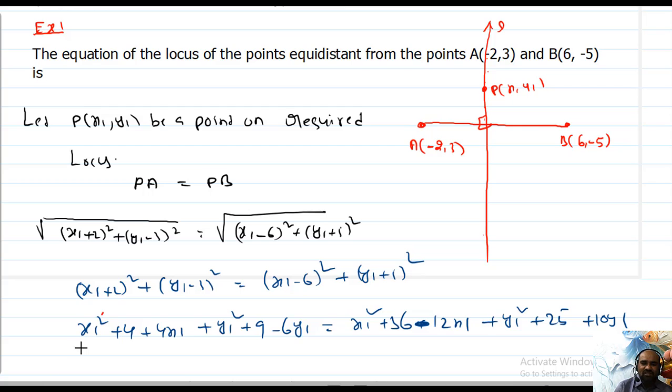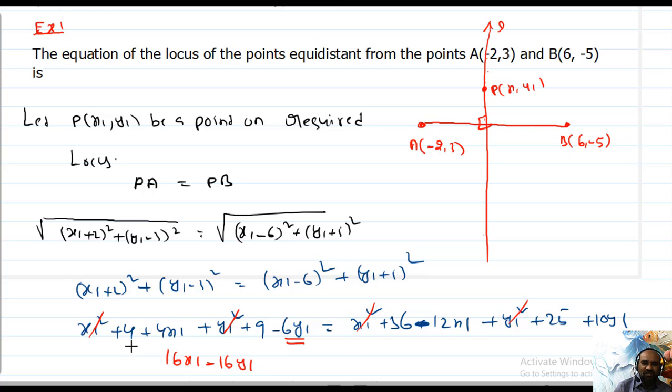So some cancellation: x1 square, y1 square. Now listen students, what I got I will write here. So minus 12x1 plus 4x1 is 16x1, and minus 6y1 minus 10y1 is minus 16y1.